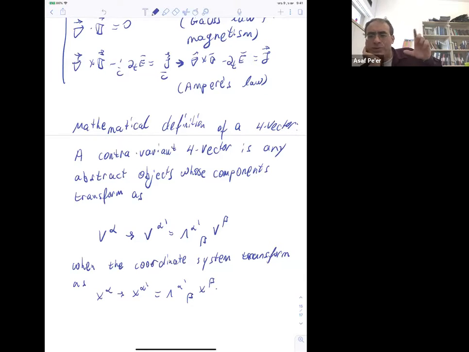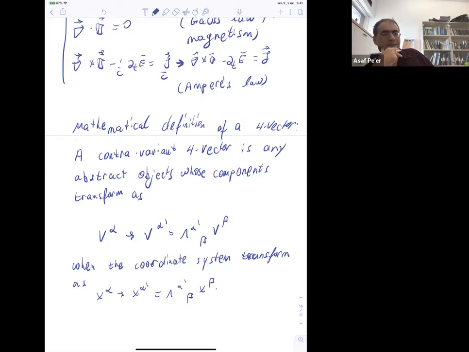The way we describe it changes between the observers. The change in the description happens in such a way that the vector itself, which is an abstract entity, doesn't care about the change in coordinates. Nothing happens to the vector.